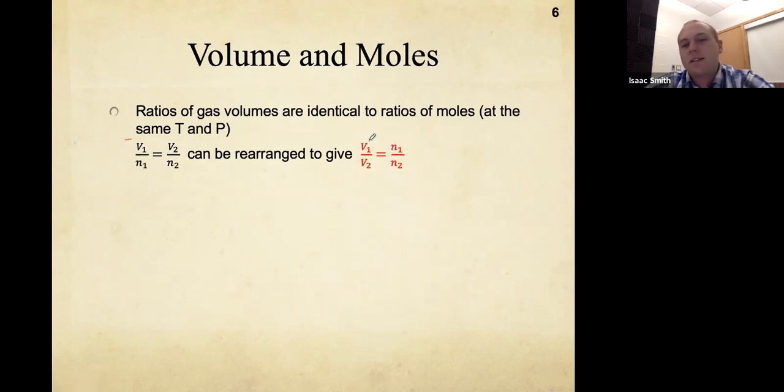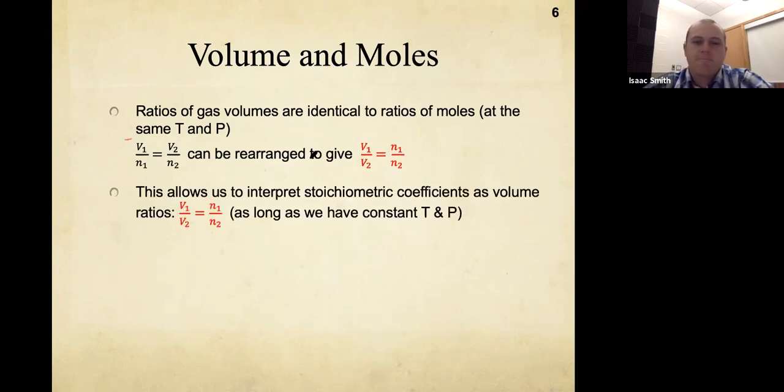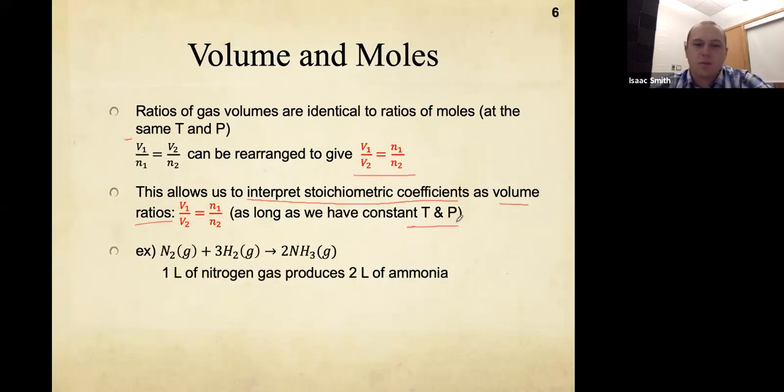And so that is telling you that the ratio between the volumes is equal to the ratio between the moles, right? We haven't done this with the other laws because it's really only useful with Avogadro's law, because by doing this, it tells us that we can interpret stoichiometric coefficients as volume ratios, okay? Again, as long as there's a constant temperature and pressure.